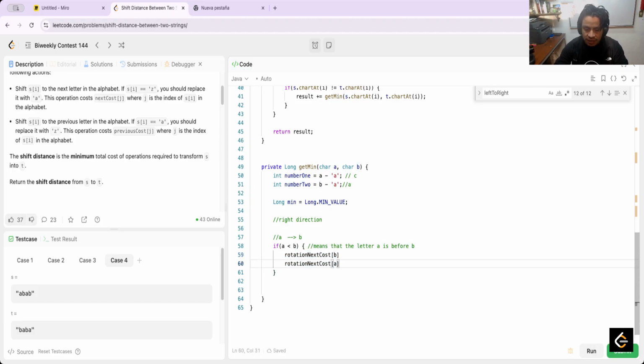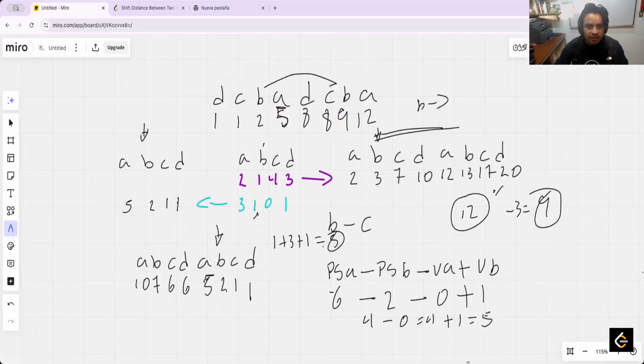Now is A. What is the calculus here? For example, for move B to C is 7 less 3 is 4. B to C, the size is only 1.